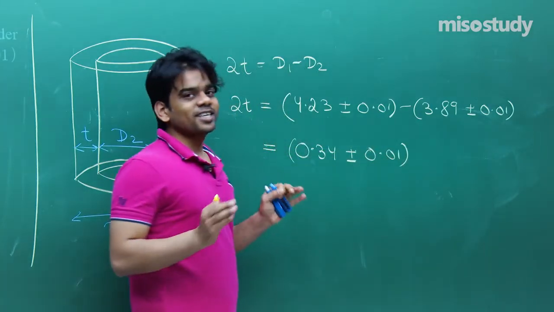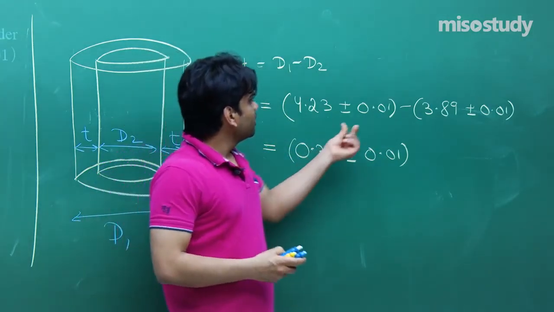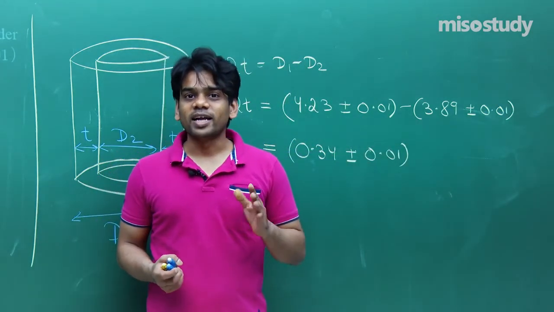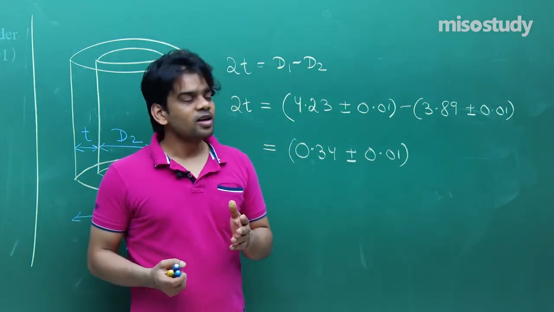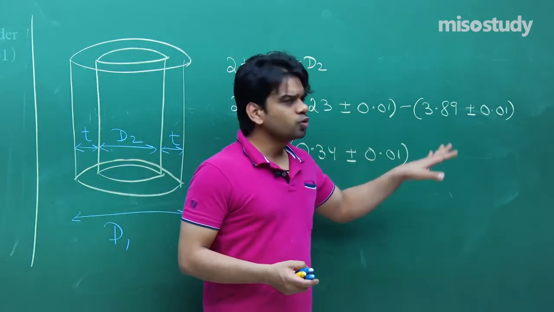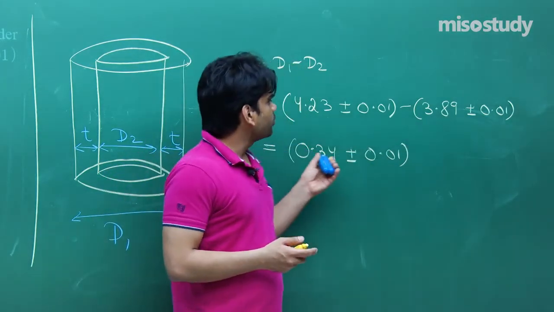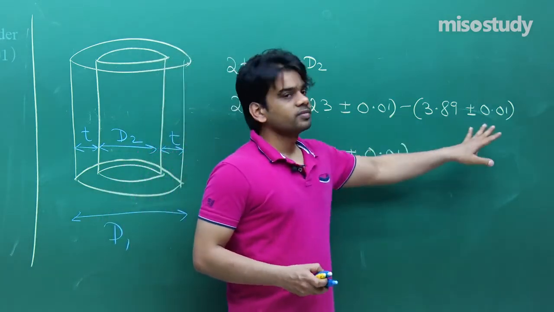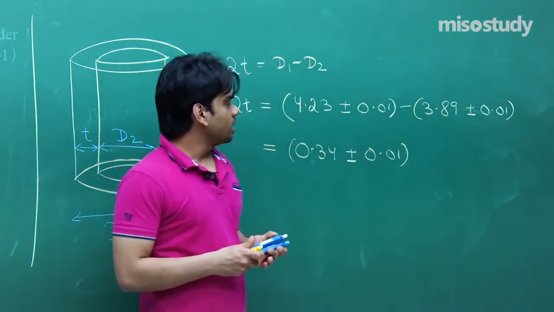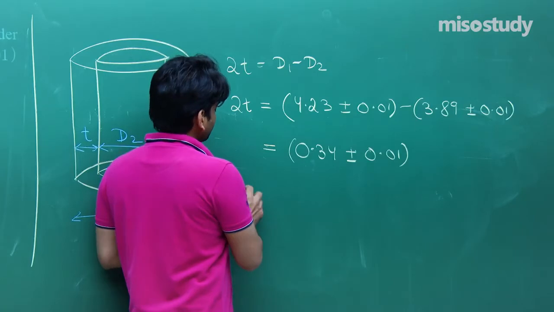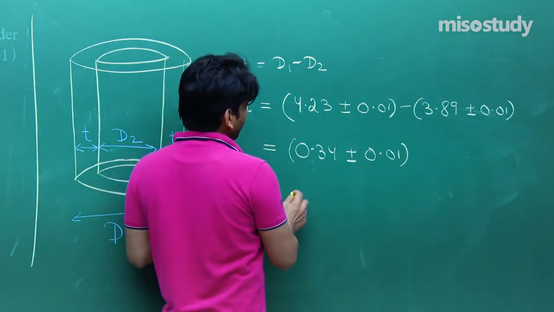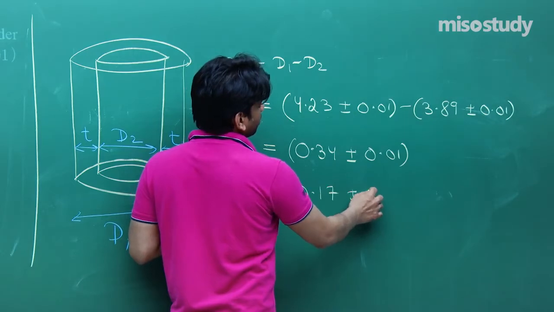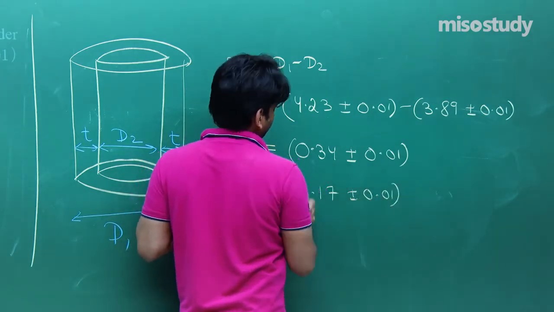Remember, the error will remain the same, 0.01, we need not subtract it; we have to keep the same as the error. Don't subtract this, the error will still be 0.01. Let's go ahead with the thickness, which will be equal to just dividing by 2. So you'll be getting 0.17 with the same error 0.01.